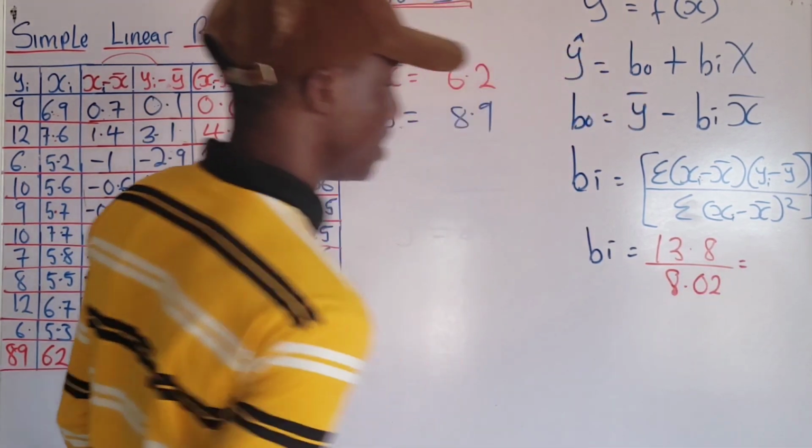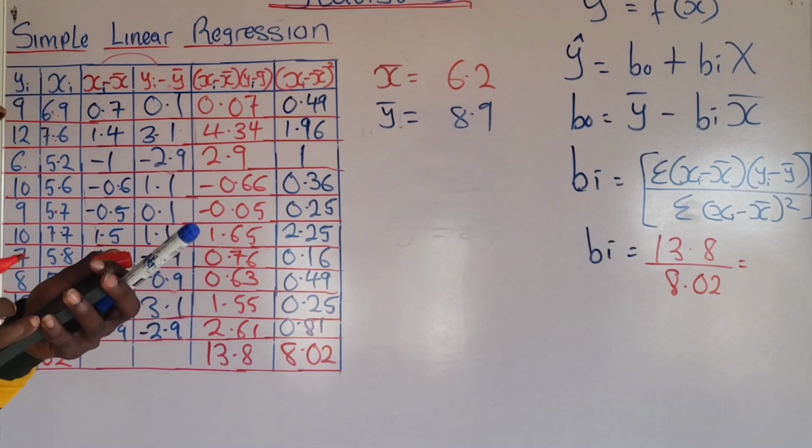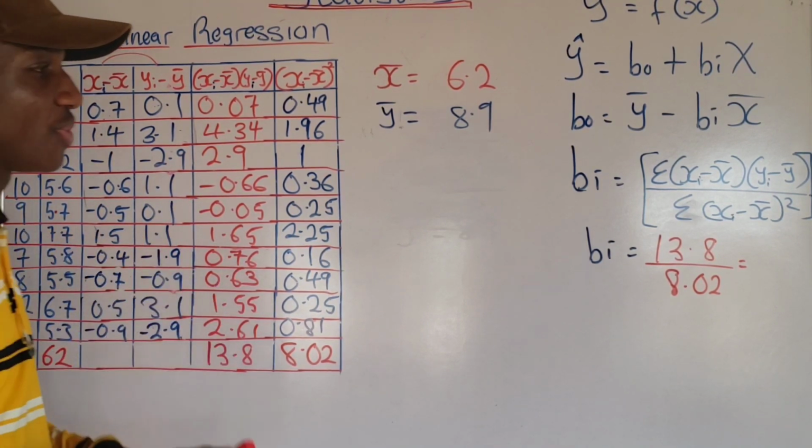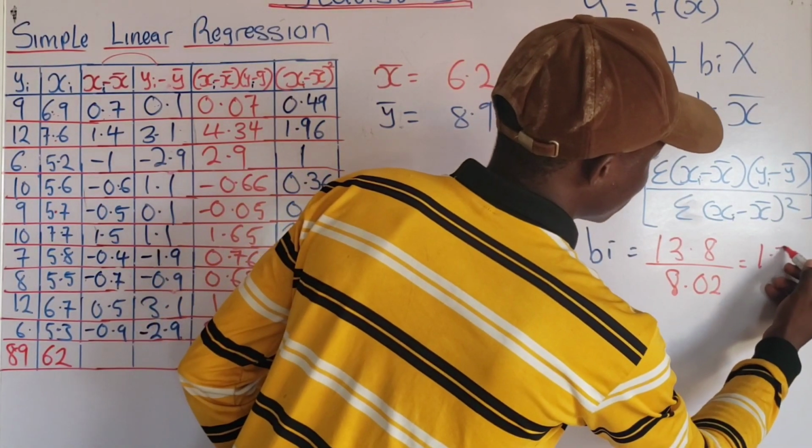So what is the gradient? 13.8 divided by 8.02 is 1.72. So the gradient is equal to 1.72.